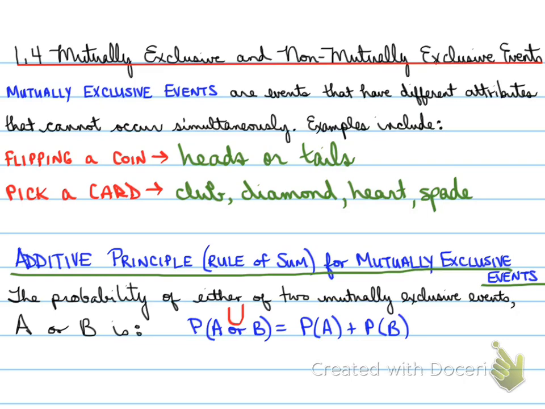So remember, the U symbol means or, and we will be looking at and as well, and is an upside down U. So this is the or symbol, and probability of A or B is equal to the probability of A plus the probability of B.